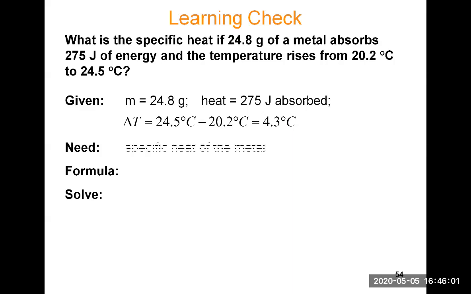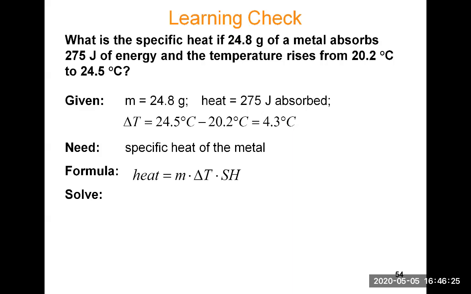So for the specific heat, you will need to use the formula that, I want to say, in your reference packet, is in this form. It says Q equals heat equals M times delta T times SH for specific heat.